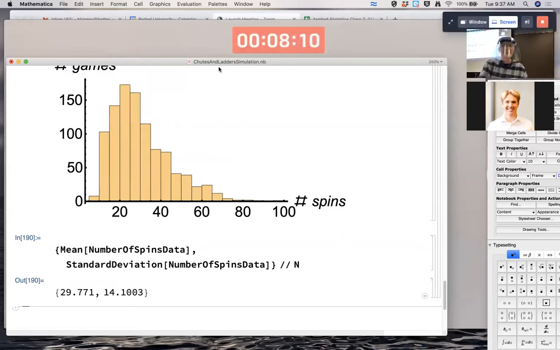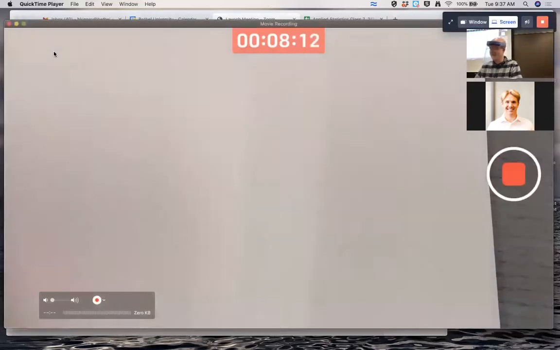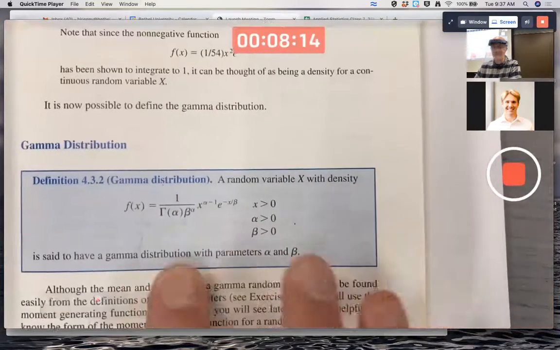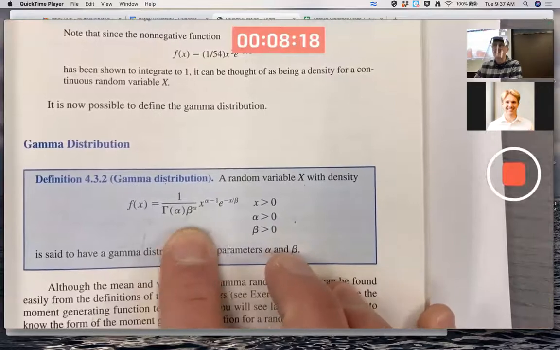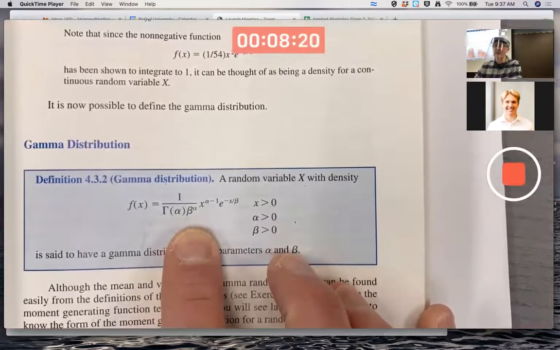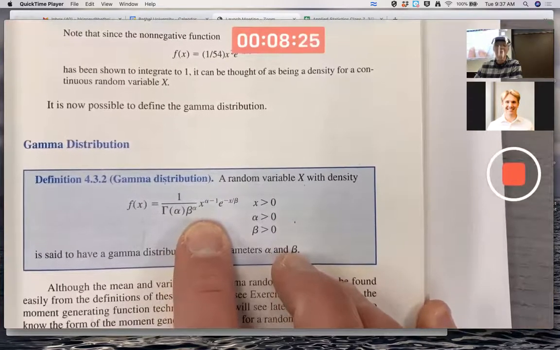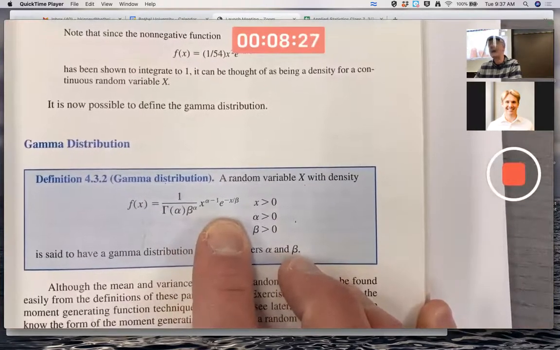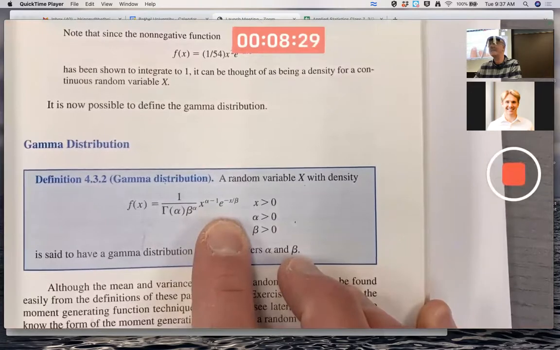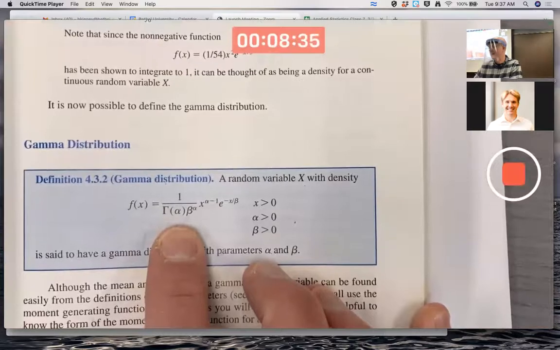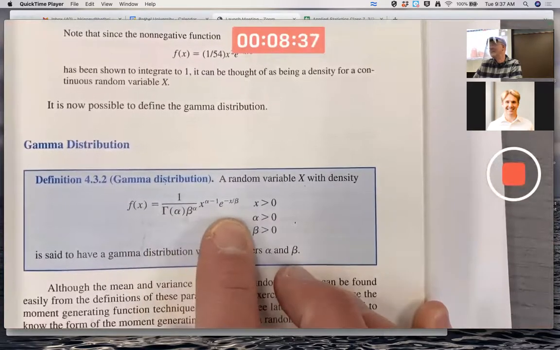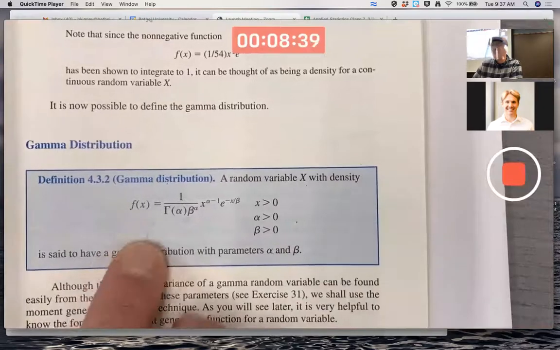Gamma distribution has a probability density function that looks like this. Effectively, it's a constant for a given value of alpha and a given value of beta. It's a constant times x to a certain power times an exponential decay, where the constant is this funny thing because the integral of this thing involves the capital gamma function.